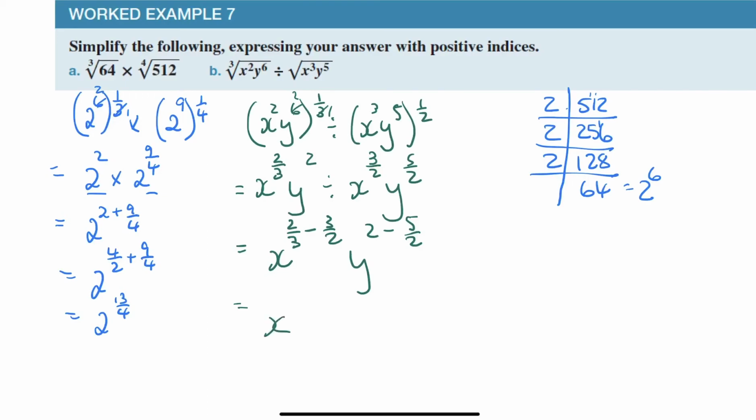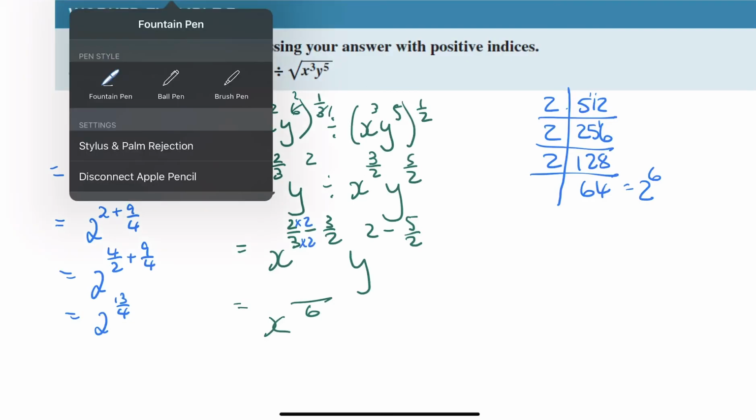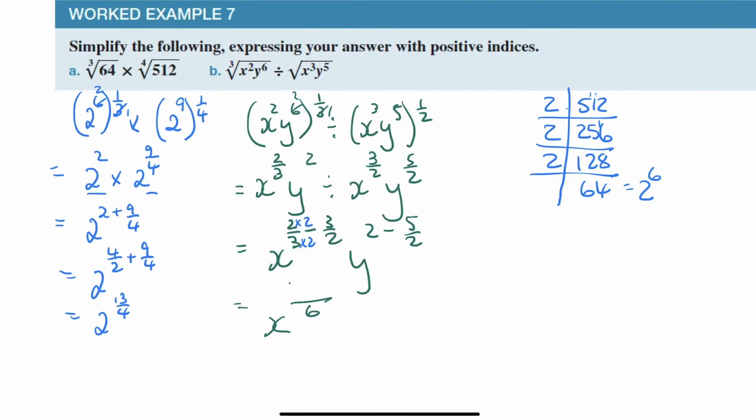So that will give me x over 6, because that's the lowest common multiple, which means I multiply this by 2, multiply that by 2. That will give me a 4, multiply by 3, multiply by 3. So that will give me, take away 9, y to the power 4 over 2, take away 5 over 2 is minus 1 over 2.